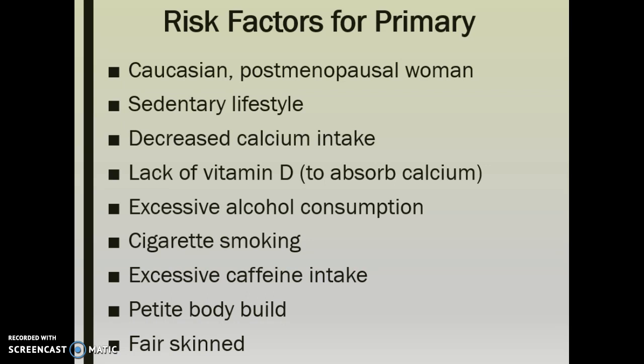Amazingly, you'd think this would be obese people, but it's usually tiny, petite people who have fair skin who suffer from osteoporosis. There's a whole genetic thing involved, but just remember that their calcium intake is decreased, and that's a risk factor. So obviously one of the teaching points would be to have them increase their calcium intake, and of course their vitamin D.